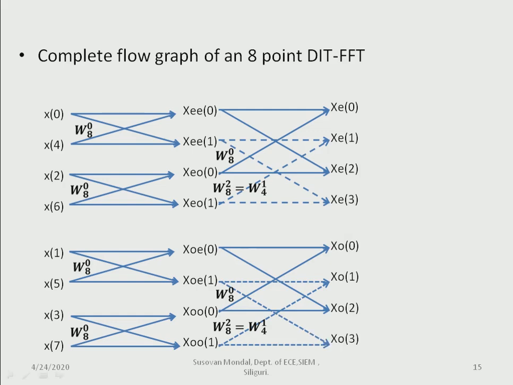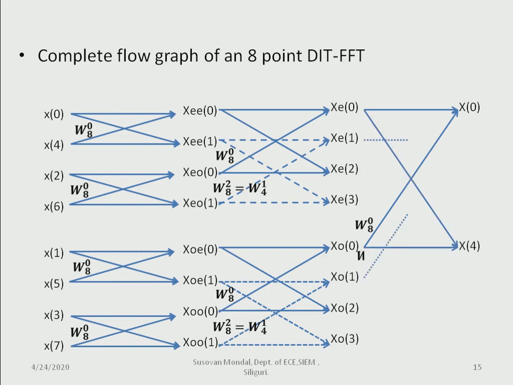And this is the last stage. If you remember the equations we derived, equation numbers 1 and 3, these are those equations. X of 0 is basically x even of 0 plus x odd of 0. The associated twiddle factor in the last stage is W8 of 0. Along with x of 0 we can evaluate x of 4 also.